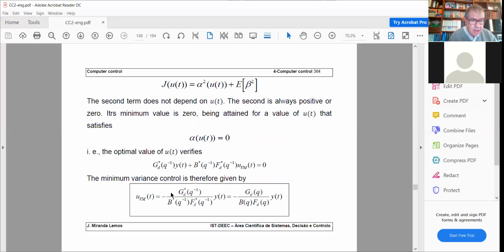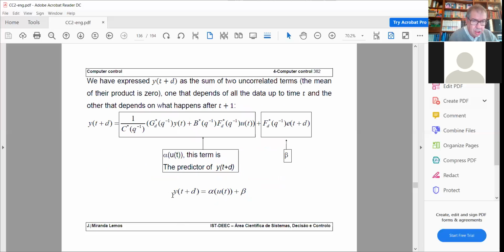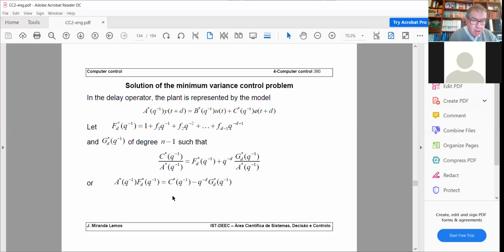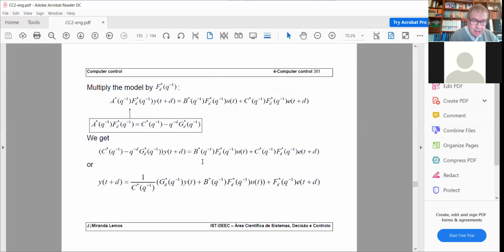I don't have a slide with the conclusion, but the conclusion is in these two slides. The minimum variance control law, what should we do? We should do this division of polynomials to find F and G. G defines the controller. F has influence on computing the best possible value of the performance of the controller, the minimum attained variance of the output.